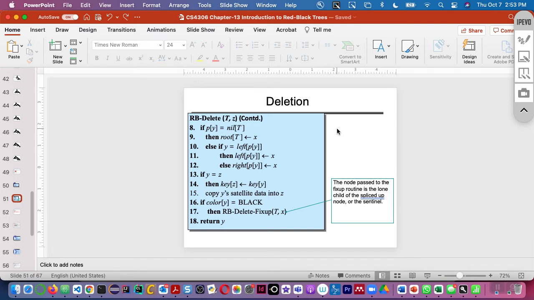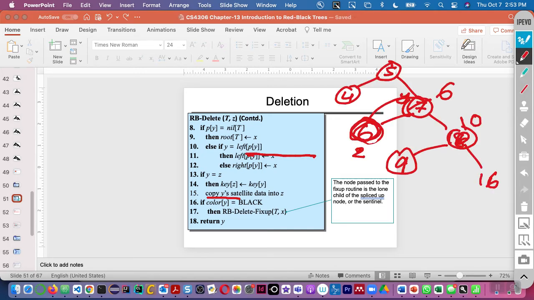Okay, for instance, let us see an example. Deleting a leaf level red node will never change the number of black nodes, so no violation. Let us draw something quickly.